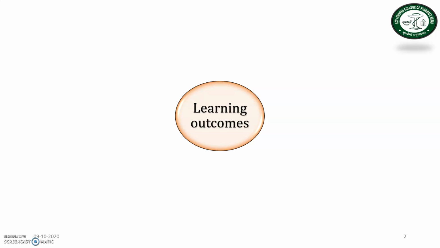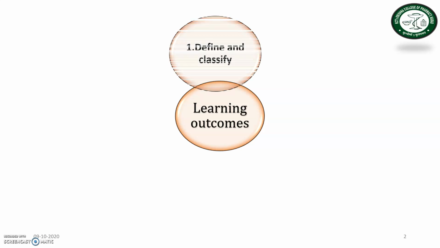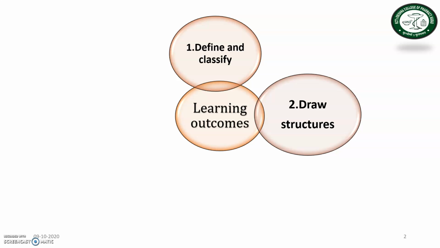First, what are the learning outcomes of today's topic, antibiotics? After completion of the topic, the learner will be able to define and classify antibiotics with examples. Then draw the structures of various antibiotics, that is broad spectrum, narrow spectrum, beta lactam and non-beta lactam antibiotics.